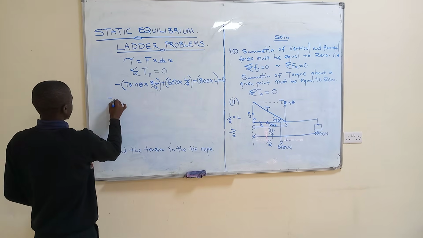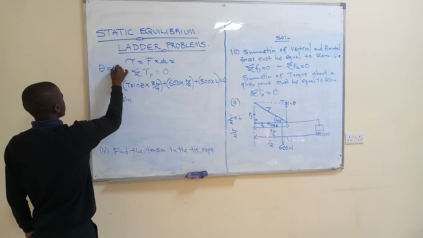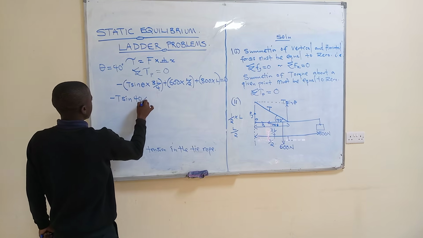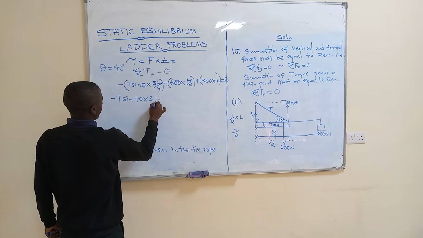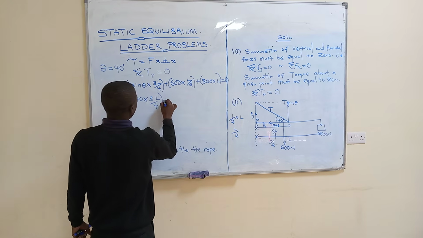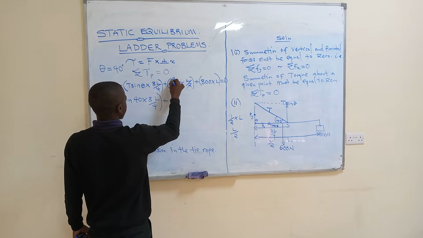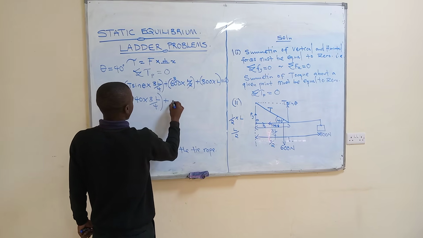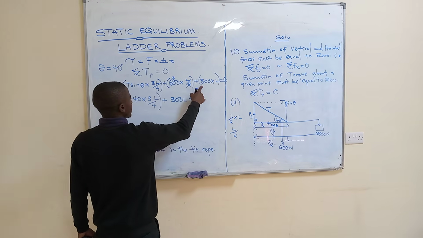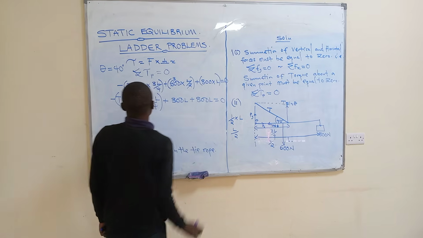So that is negative T sine theta, and we have been given theta to be 40 degrees. So sine 40 times 3 L over 4, plus 600 times L over 2, that is 300 L, plus 800 times L, that is 800 L, is equal to 0.